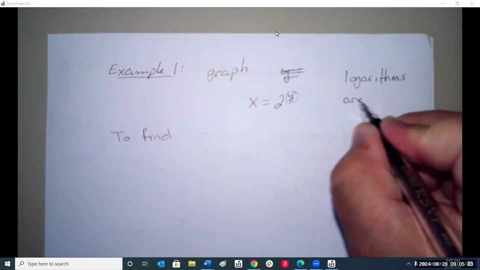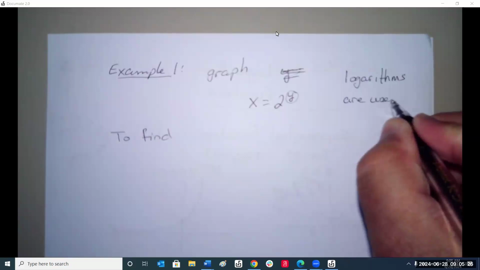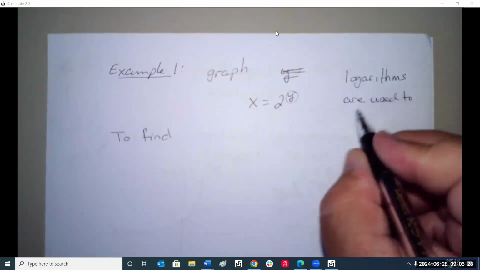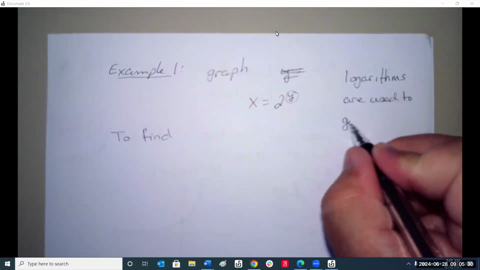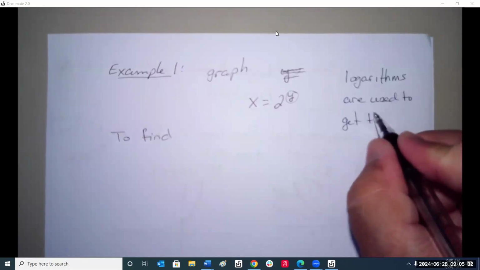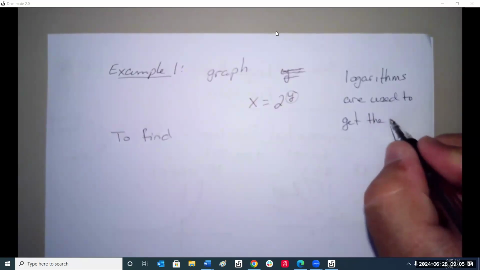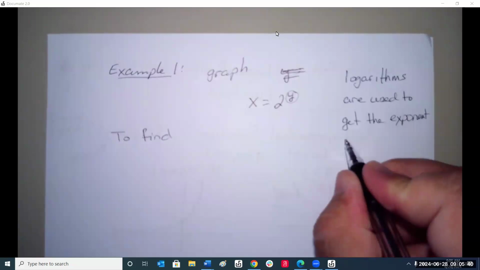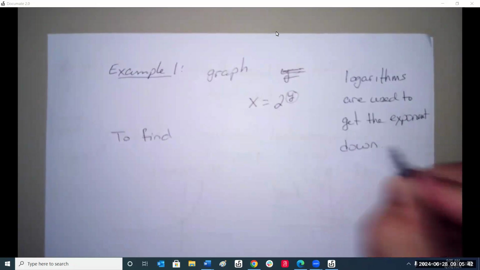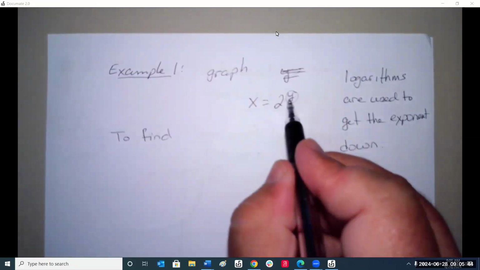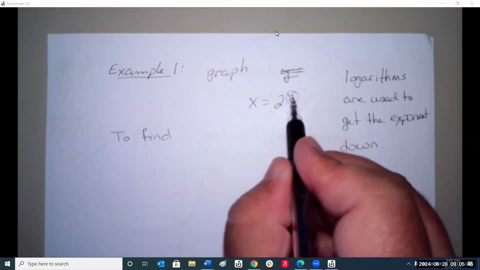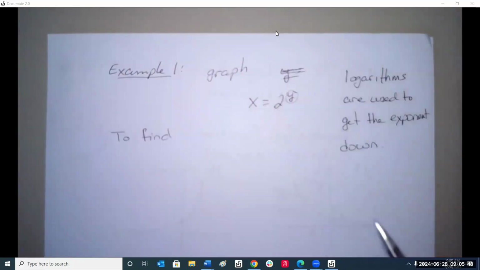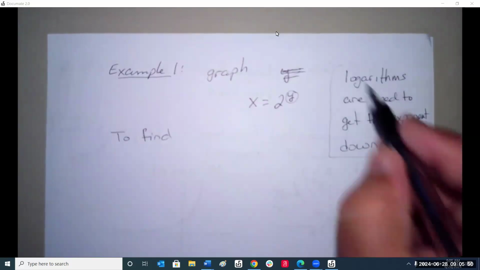Logarithms are used to get the exponent down. We can't solve it as long as it's an exponent, so we have to get that down. So that's where we use logarithms.